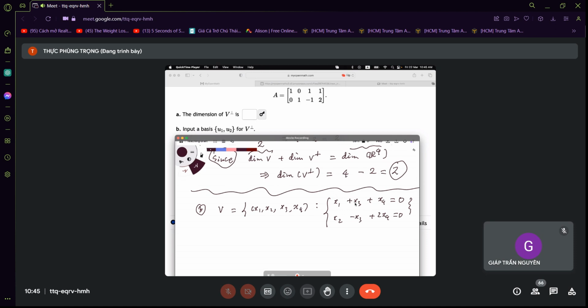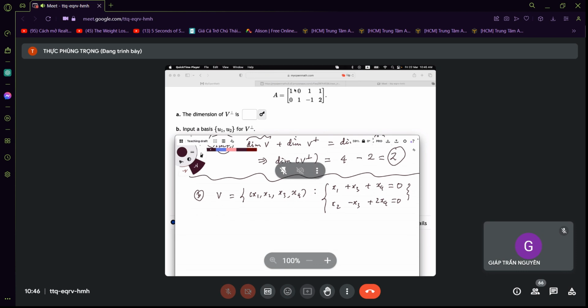All right, so now to solve this one, we get a basis for V first, right? Solving this is very simple because the matrix right here is in the form you need. We set 2 free variables, of course, for S3 and S4.